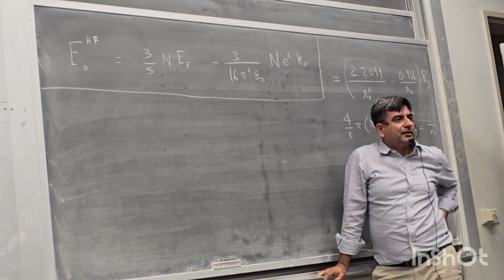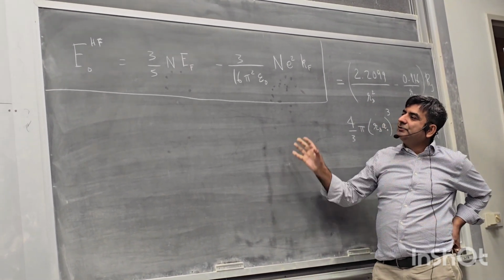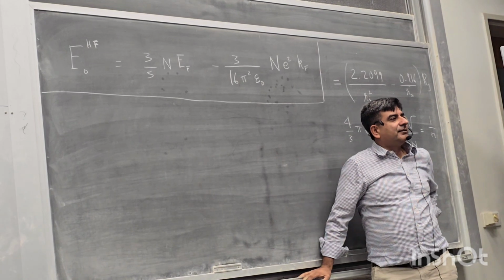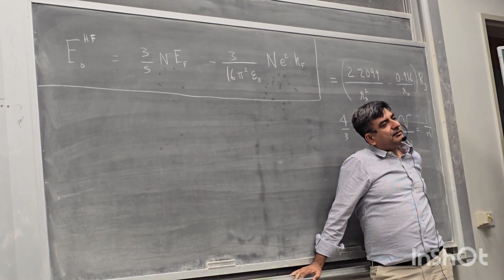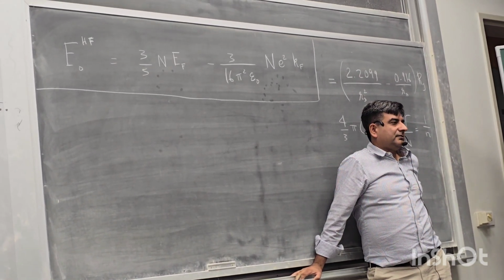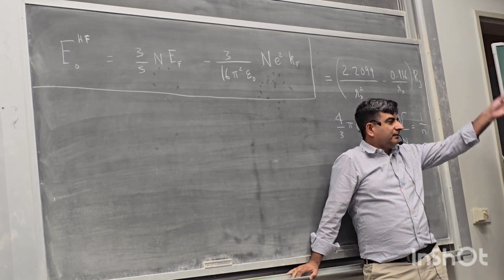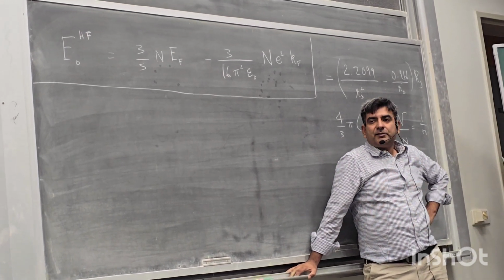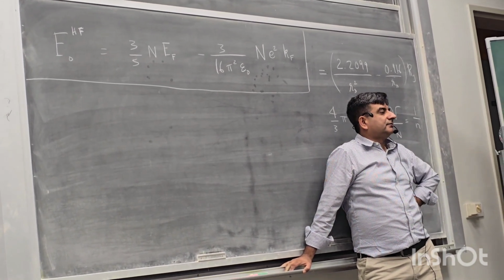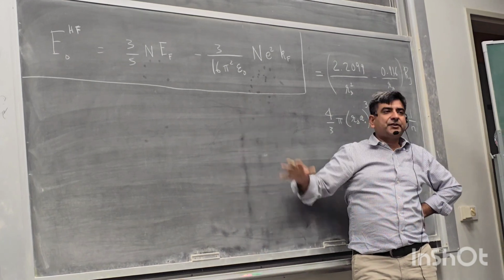Now this scenario represents all the spins filling up the Fermi sphere up till the Fermi boundary. And those spins are there in pairs. So what's the magnetization of the system?